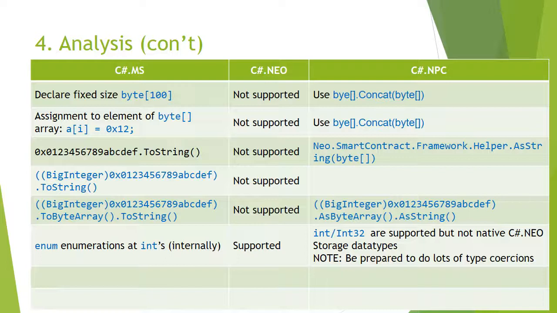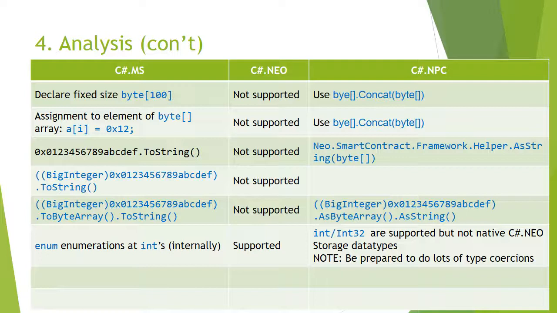Fixed-length arrays. There's probably a larger discussion here, but usually what you're trying to do is work with the data in a way that the Neo VM doesn't intend you to use it. Without going into too much explanation, the way you work around that is you generally build up byte arrays by using the byte concat operator. So you have an existing array, and then you can add new pieces of byte array to that.